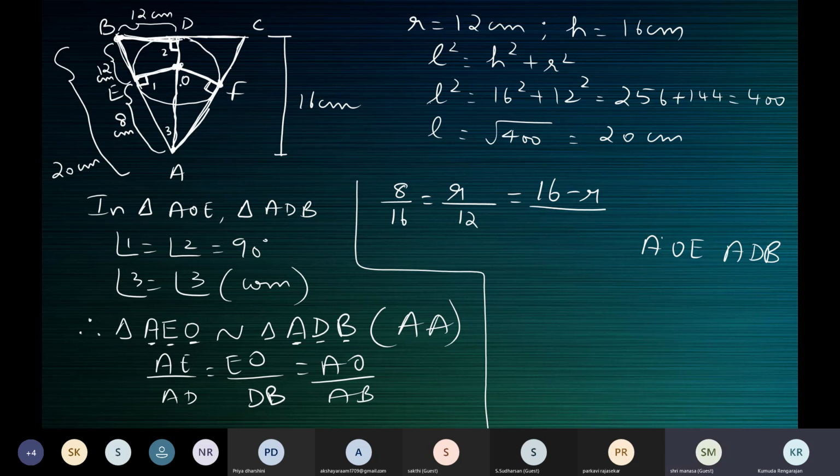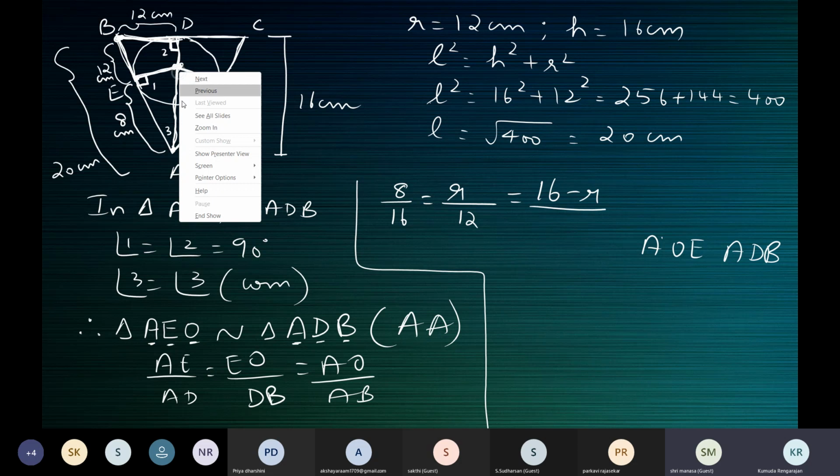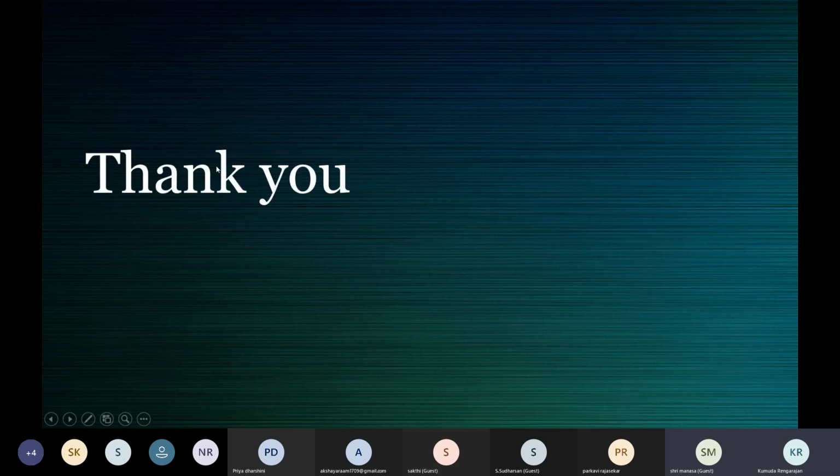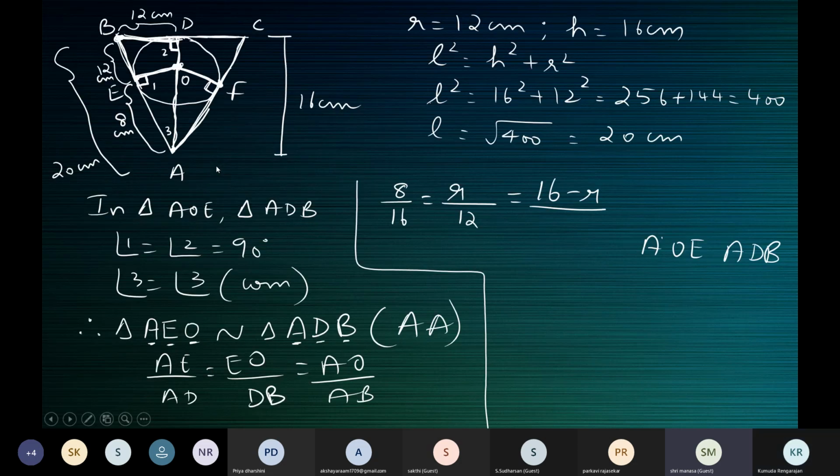AO we don't know. So AO can be written as AD minus DO. Look at the figure.